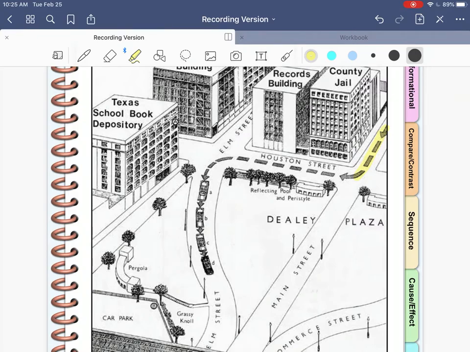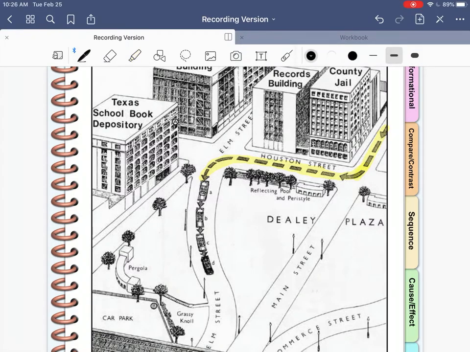The motorcade comes down by the county jail. It turns onto Houston Street. And the president is waving to the crowd in the convertible. This is the route that it's following. So Houston runs into Elm. They make the turn and they're moving on down the line.